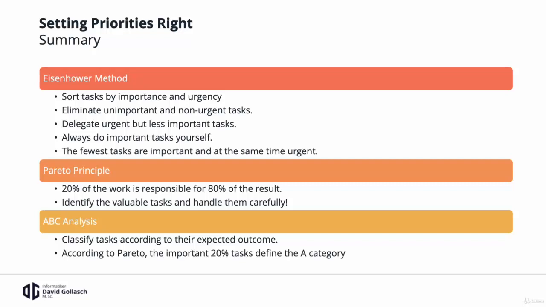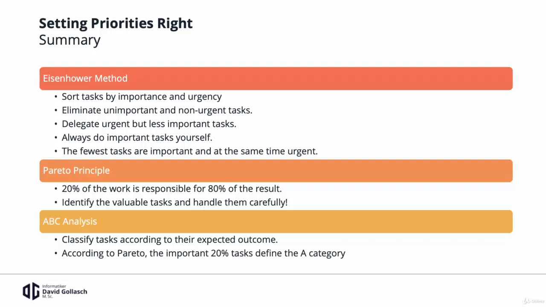First of all, the Eisenhower method is really practical and really easy to use, because it's just the sorting, or the categorization, of all those tasks in 2 dimensions. So you decide whether a task that's coming in is important or not, and you evaluate the task regarding its urgency.